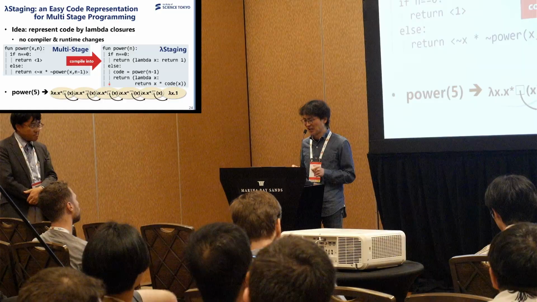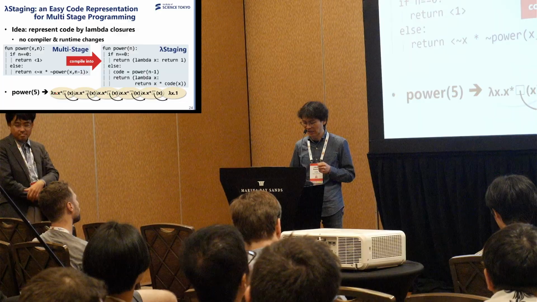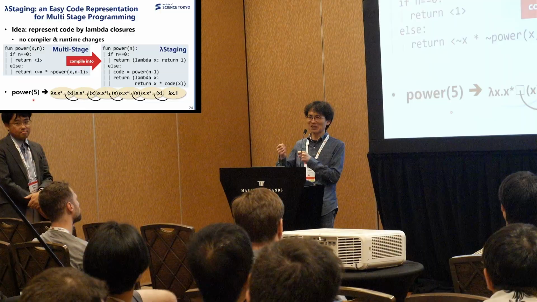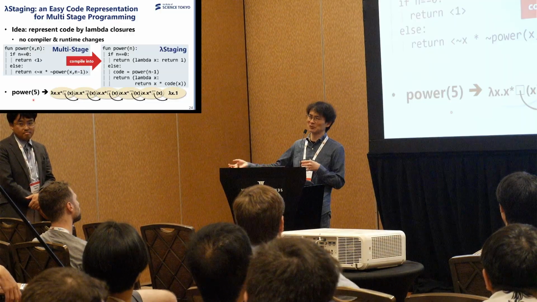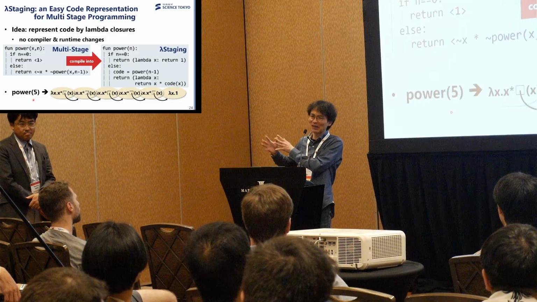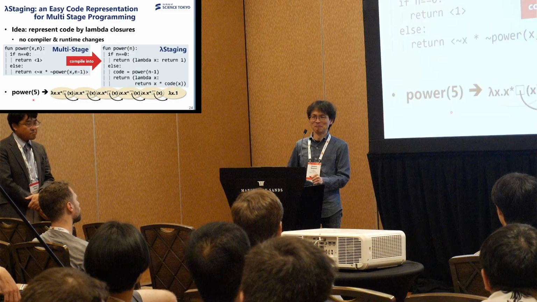Yes, exactly. And I'm assuming online code generation. For example, this time the 5 is a static input, but sometimes the value is provided by the user at runtime, and then it generates the power of 5, and executes that function at the same time. I see. Yes, thank you very much.